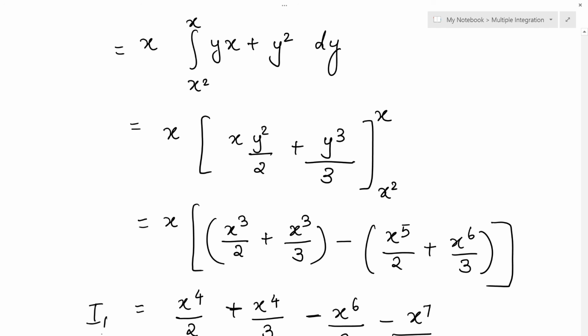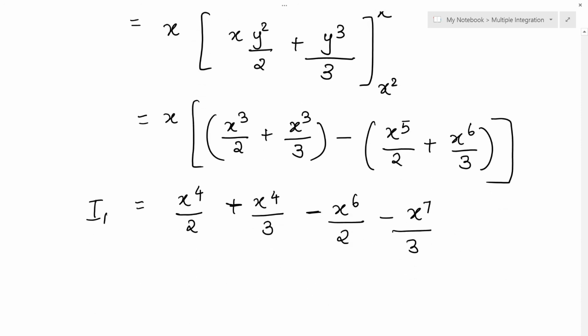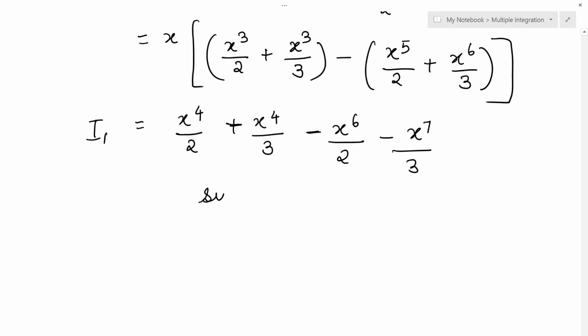Now this answer of I1 I will substitute in equation 1. So now you are left with single integration. The limits of integration are 0 to 1 and whatever I have got here.